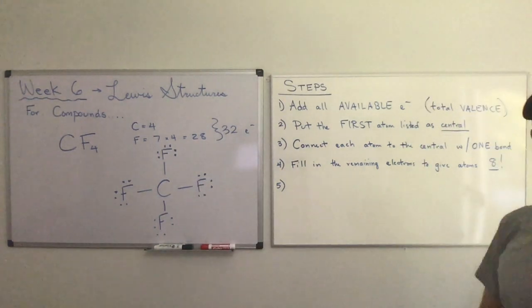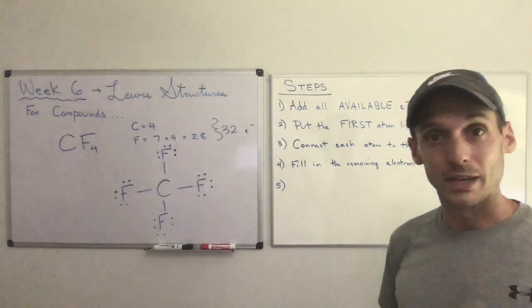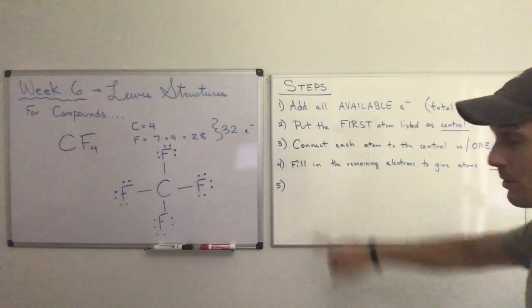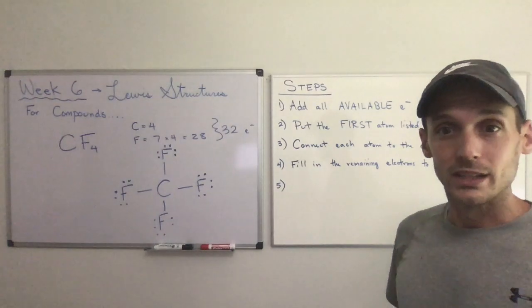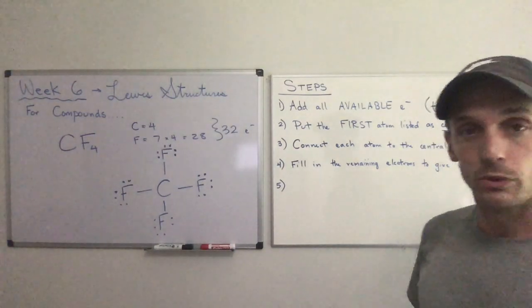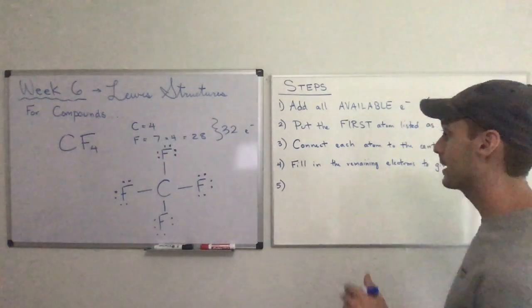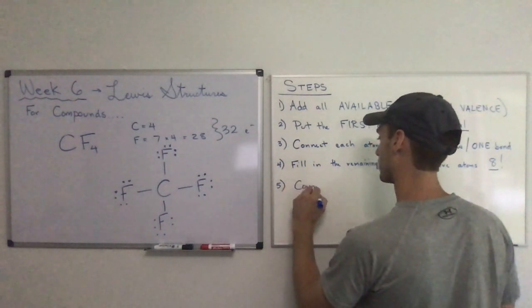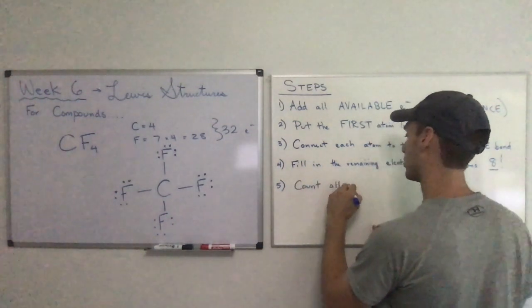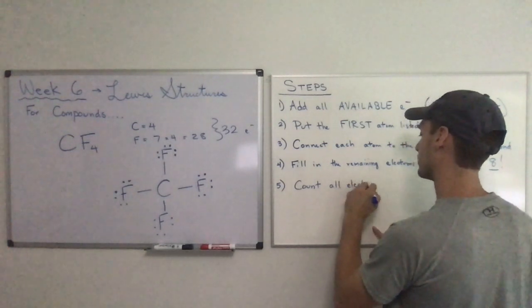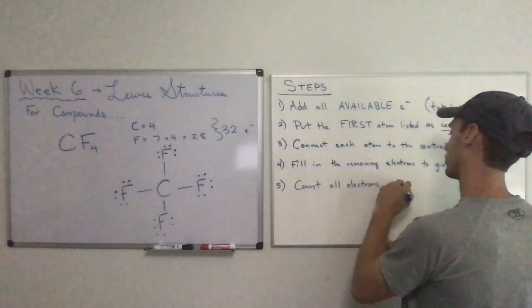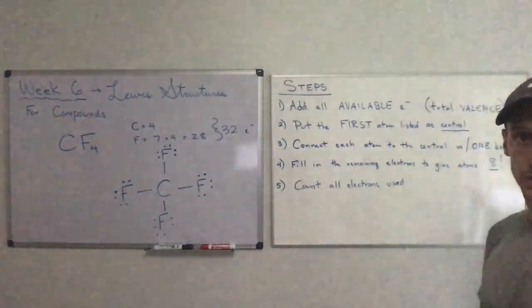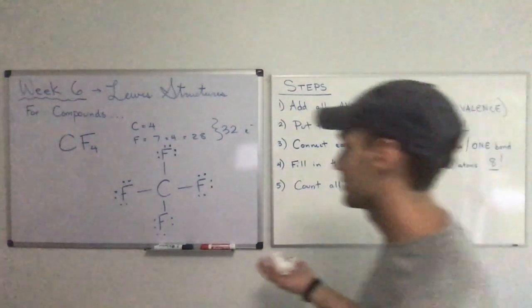Now we just need to make sure we didn't make a mistake. So, now we need to do a comparison. We're going to count all electrons used in our structure. And this is literally just counting them up.